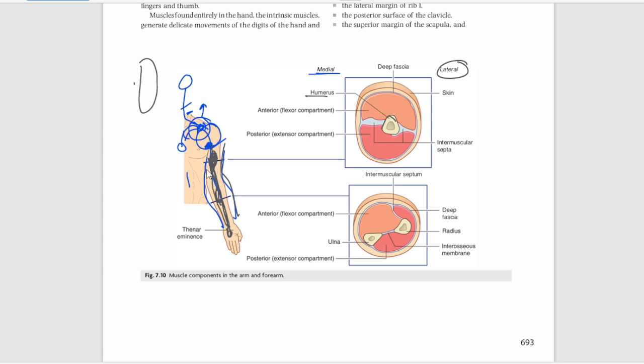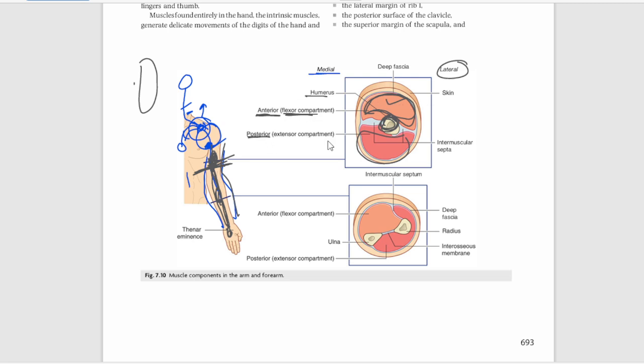If you cut this area, you see this is the front side, this is the back side, and in between is the humerus bone. This is the flexor side, the upper side, the front side, and the muscles present here are called flexor muscles, on the anterior side.